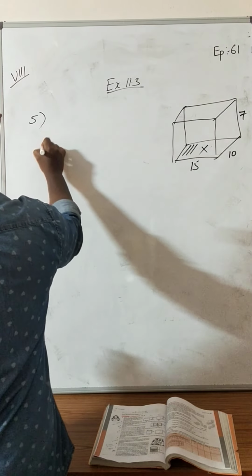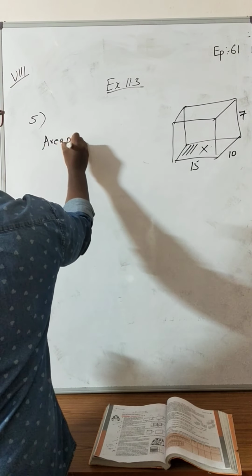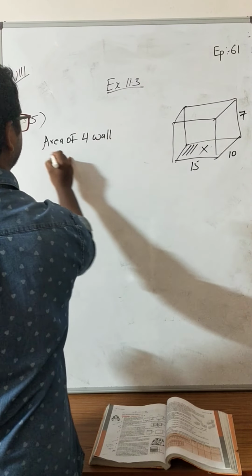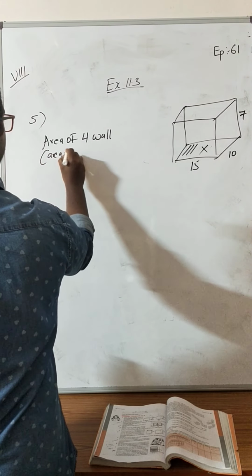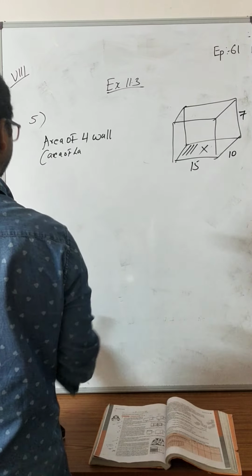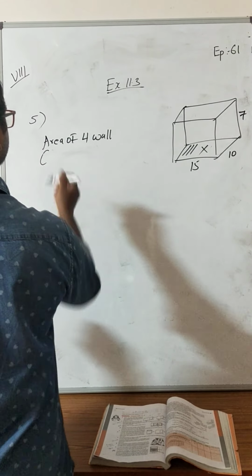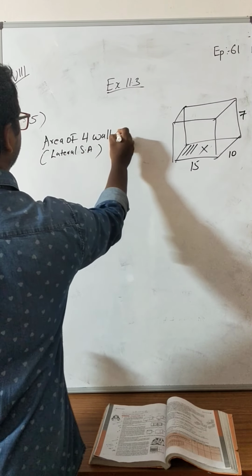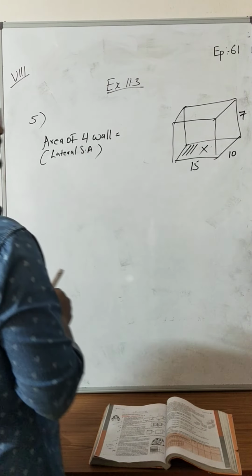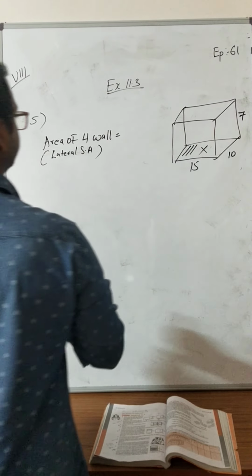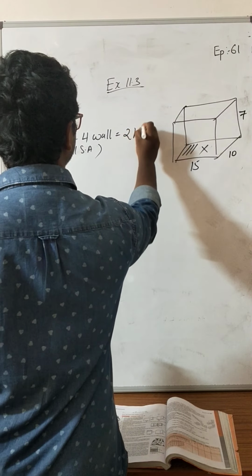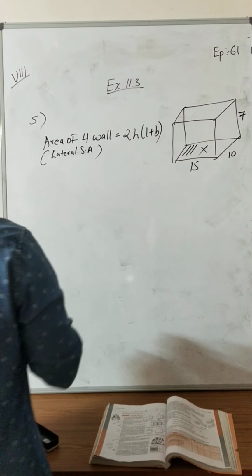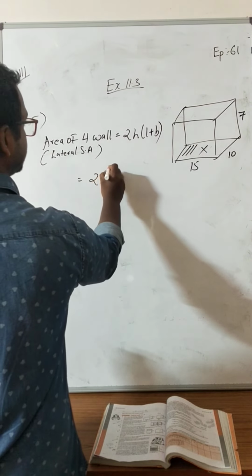We have to find the area of the 4 walls, which is nothing but the lateral surface area. So the area of the walls is 2h(l plus b).